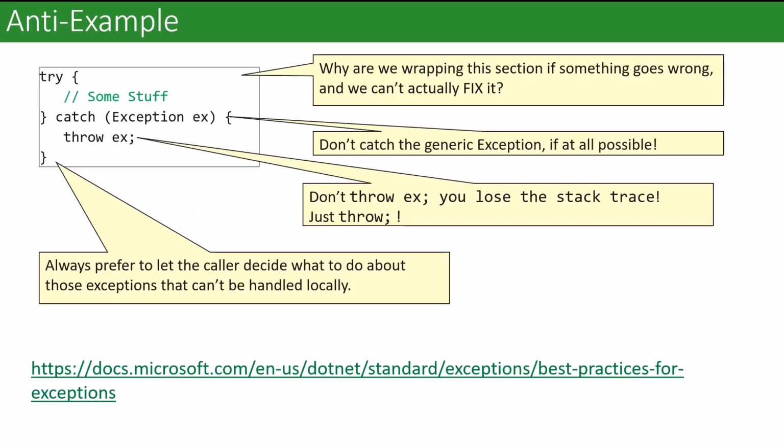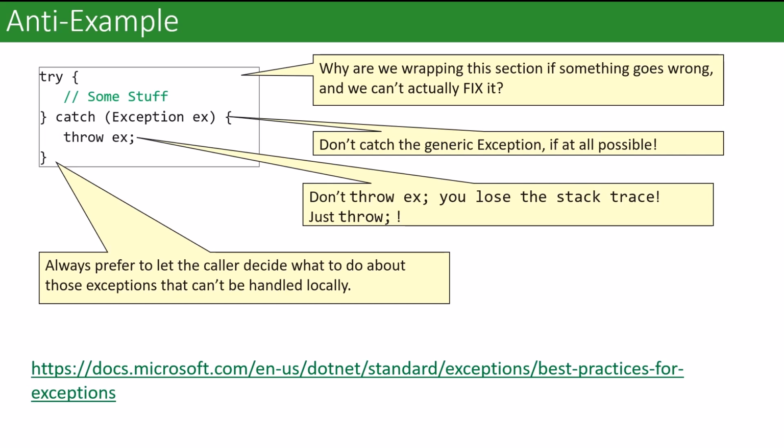I do mostly library code, so I care a lot about API. So here's the first topmost anti-example. We're trying and catching something and we're just rethrowing. Well, okay, we violated a couple rules here. The first rule is we're not going to make any attempt to handle the thing that went wrong. The second thing is I'm catching Exception, which is as generic as generic can be.